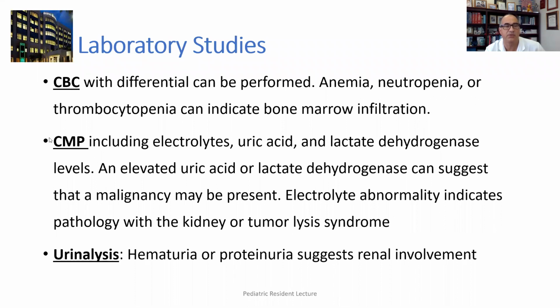Certainly for surgery, you have to have one. CMP will give you some hint about the uric acid or LDH levels, also for some electrolyte abnormalities like we had with the insulinoma or other pathologies that are worth working up as a blood test.